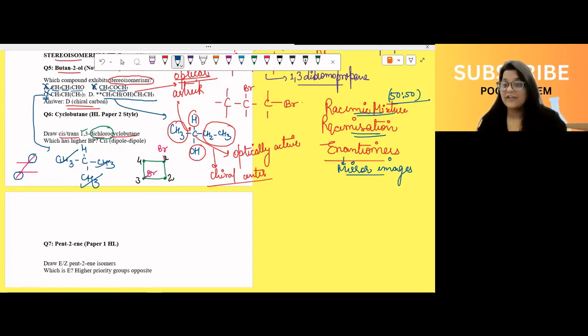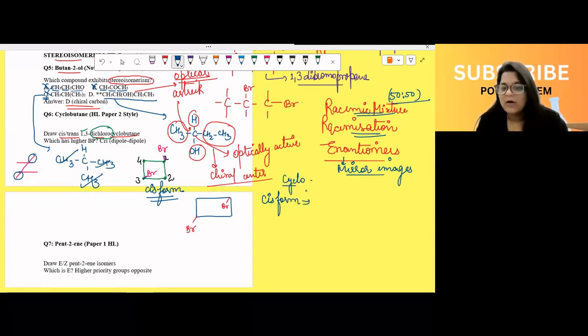If I have to make a trans form, I will attach the halogens one up and one down. Sorry, that was stated wrongly earlier.